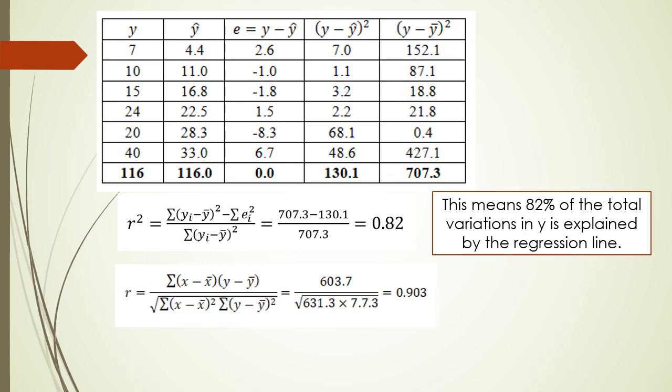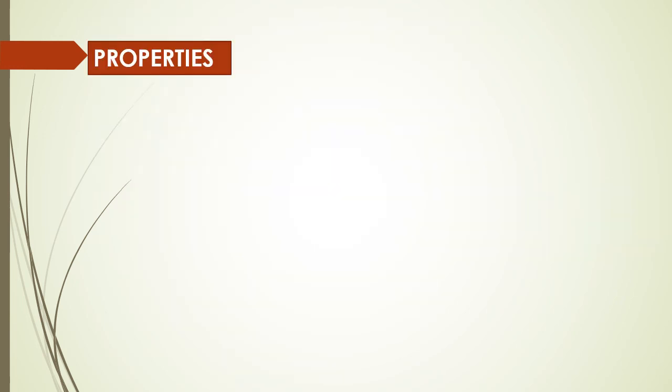Now, if we calculate the correlation coefficient R by our earlier formula, we will find that it is equal to 0.903. And note that the square of 0.903 is equal to 0.82. You don't have to do all those calculations if you once calculated the regression coefficients and know their properties.